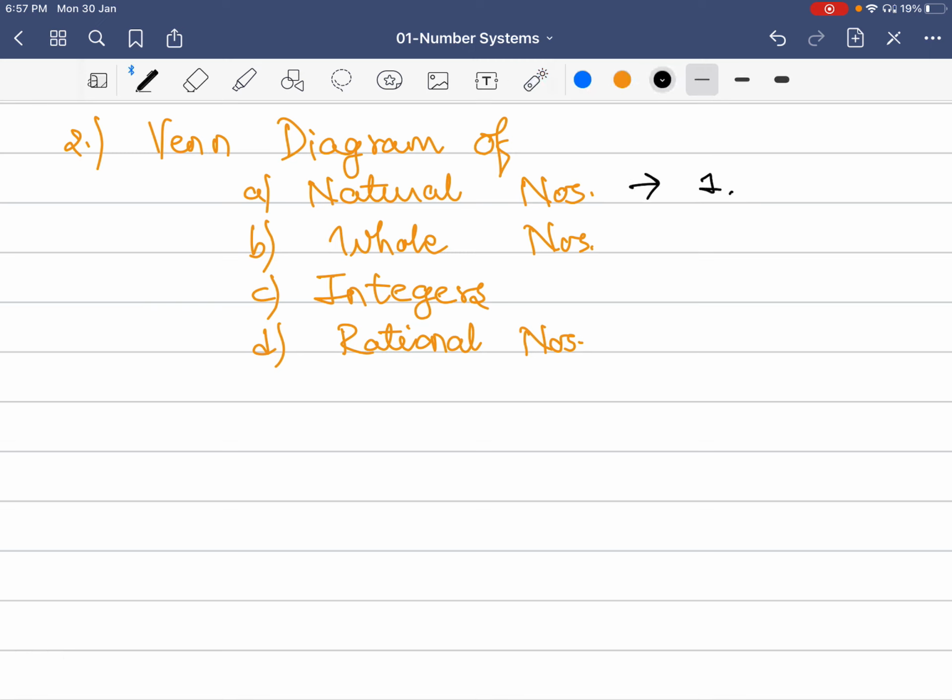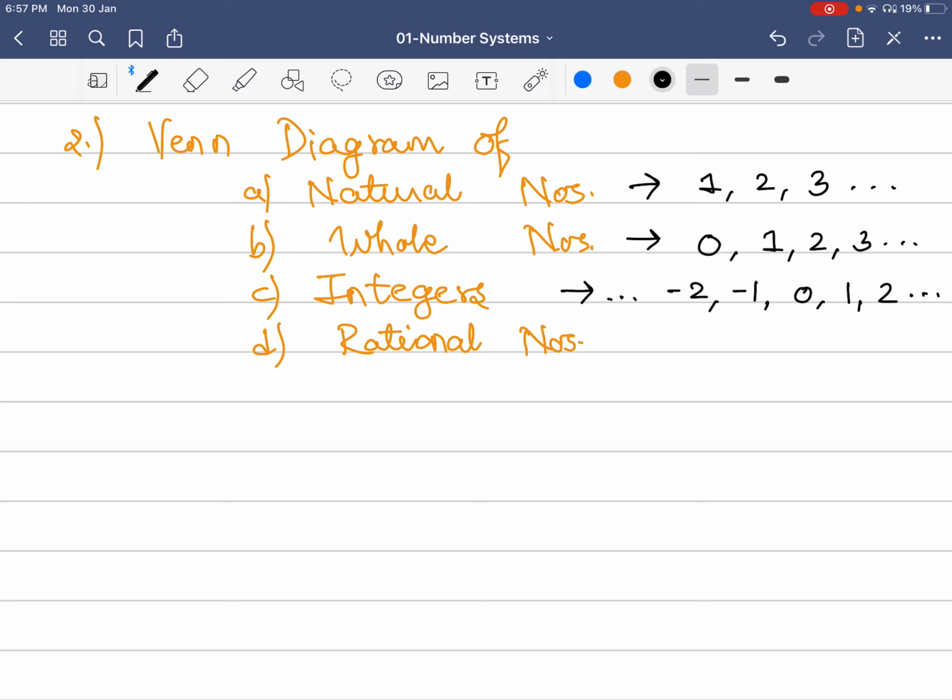Natural numbers, as we know, are 1, 2, 3 dot dot dot. Then whole numbers is nothing but adding 0, and that is 0, 1, 2, 3 dot dot dot. And then integers, as we know, we add the negative numbers. So it's dot dot dot, -2, -1, 0, 1, 2 dot dot dot.